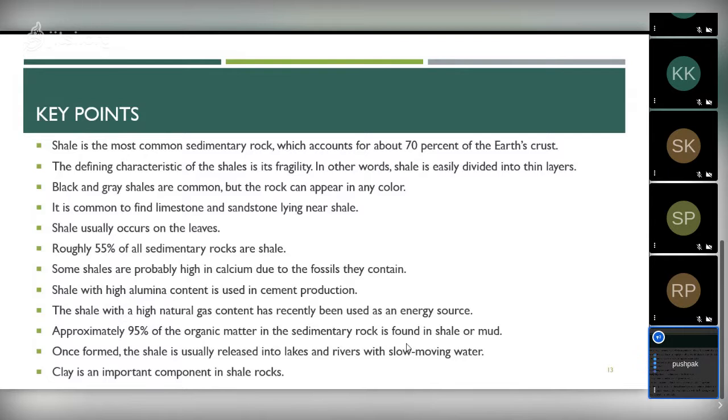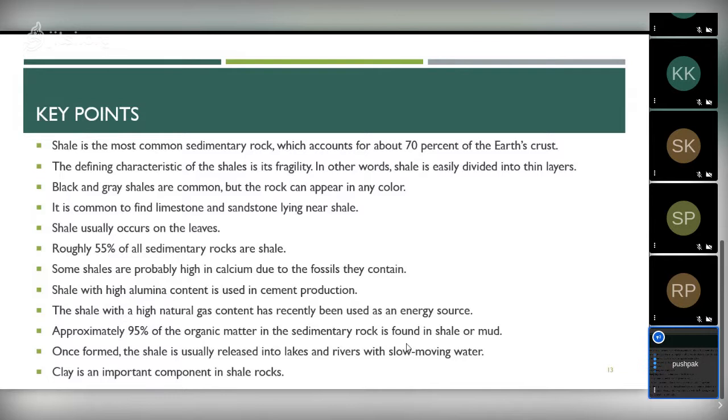Roughly 55% of all sedimentary rocks are shale. Some shales are probably high in calcium due to the fossils they contain. Shale with high alumina content is used in cement production. Shale with a high natural gas content has recently been used as an energy resource.